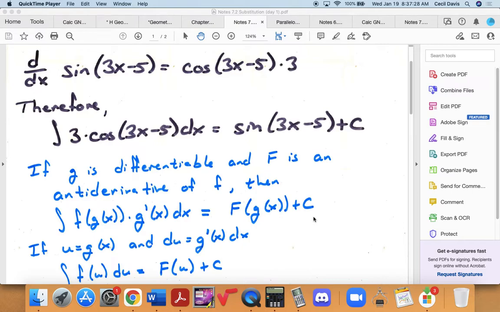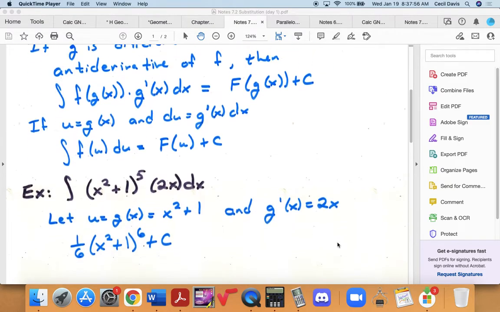Now, we can make that look a little bit nicer by replacing g of x with u. Taking the derivative, du would be g prime of x dx, and now I have the integral of f of u du, which is just capital F of u plus c. So by doing what some books call u substitution, we make it look a little bit nicer.